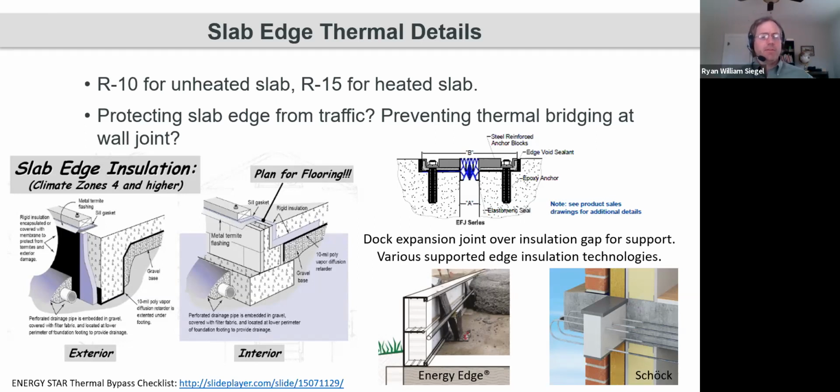And something we have come across a fair number of questions on is for buildings that may have traffic at them and being able to protect those slab edges from the traffic. This is one of the reasons why the chamfered insulation detail, which had previously been used, has kind of fallen out of favor, is wherever those edges are, it tends to be a very weak point and break apart.